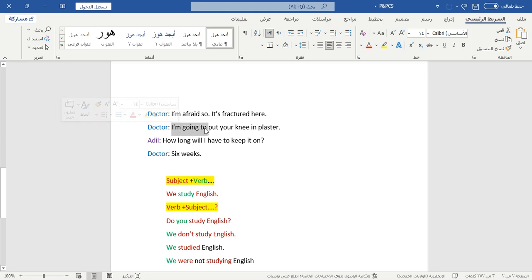Verb to be plus going to refers to the future with a plan, an action with a plan. It means I will, but with planning. Okay. I'm going to put your knee in plaster.